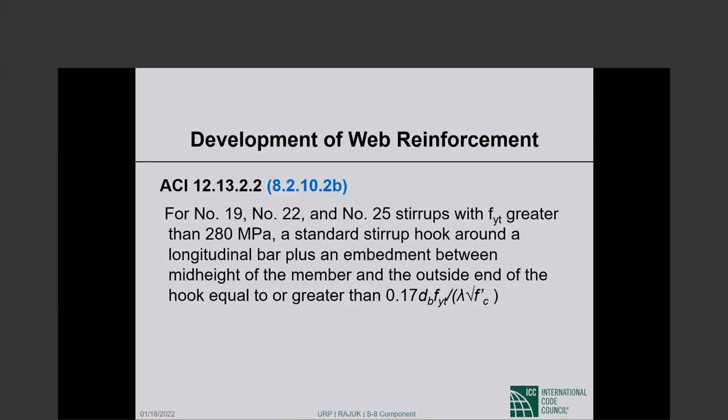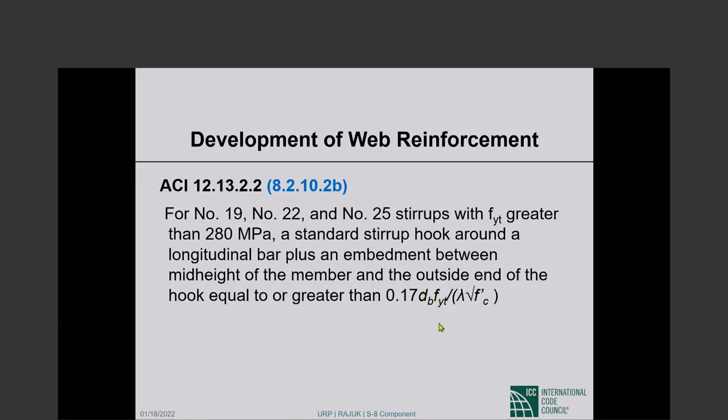So you have to have a minimum distance between the hook and the mid height of the member. If you fall short, then you probably have to go with a thinner bar for the stirrup. The d sub b has to decrease.